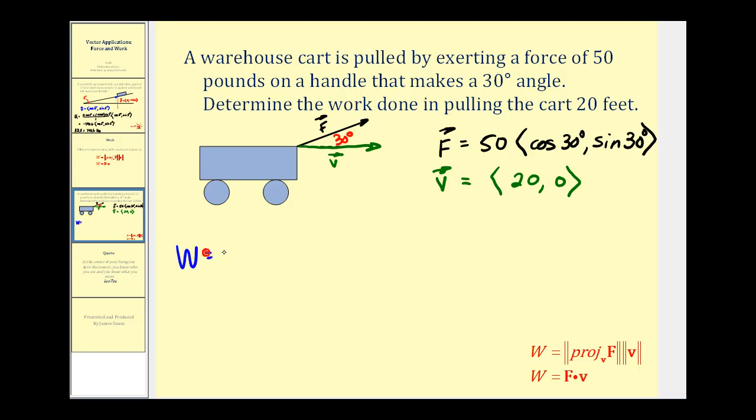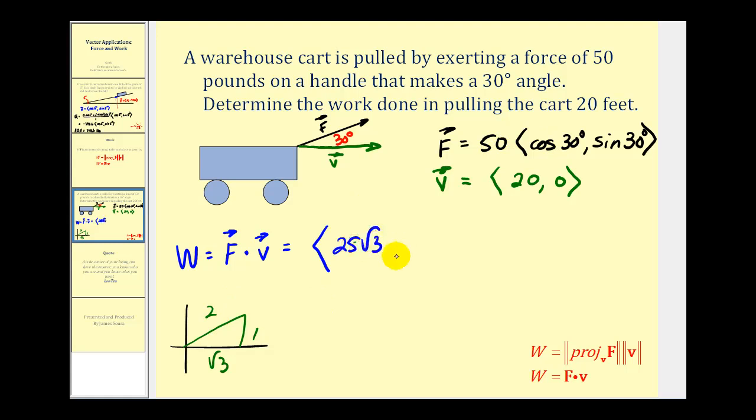So the work is going to be equal to f dotted with v. For vector f, let's go ahead and find the values of cosine 30 degrees and sine 30 degrees. If we use a reference triangle in the first quadrant, cosine 30 degrees would be square root 3 over 2. So 50 times square root 3 over 2 would be 25 square root 3.